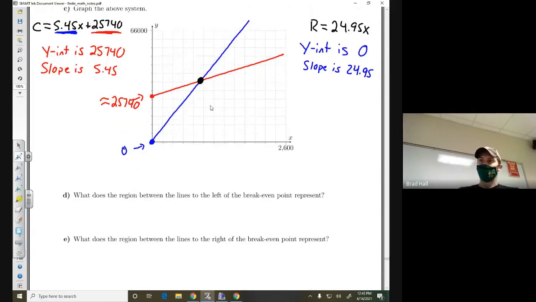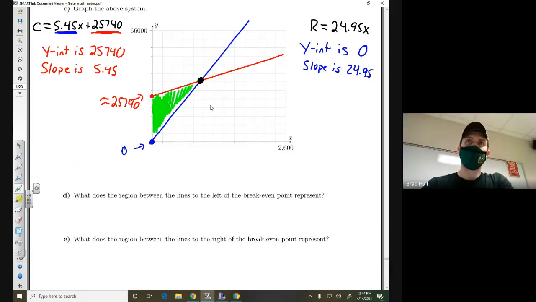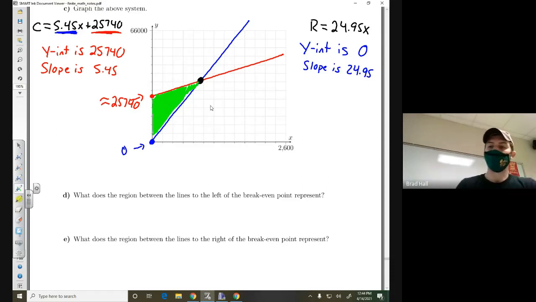But they do ask, based off of the graph, what does the region between the lines to the left of the break-even point represent, and to the right? So in part D, what does this region represent? Well, the red line is above the blue line. The red line represents cost. So it's saying your cost is higher than your revenue.